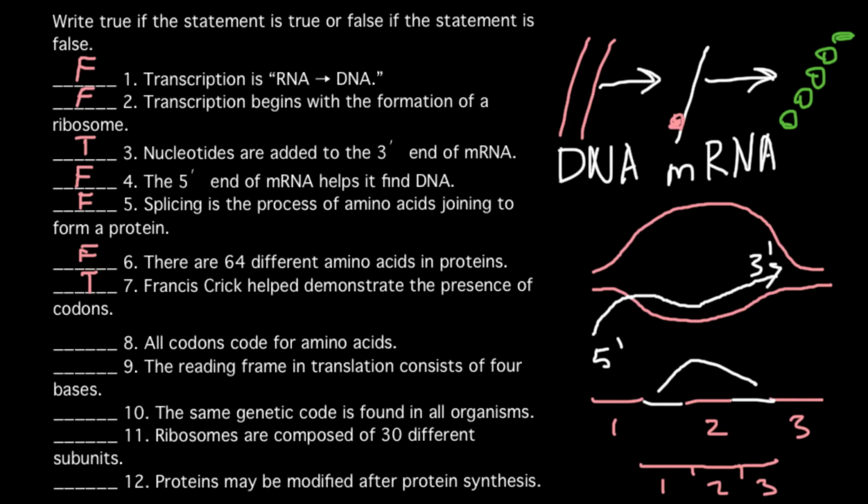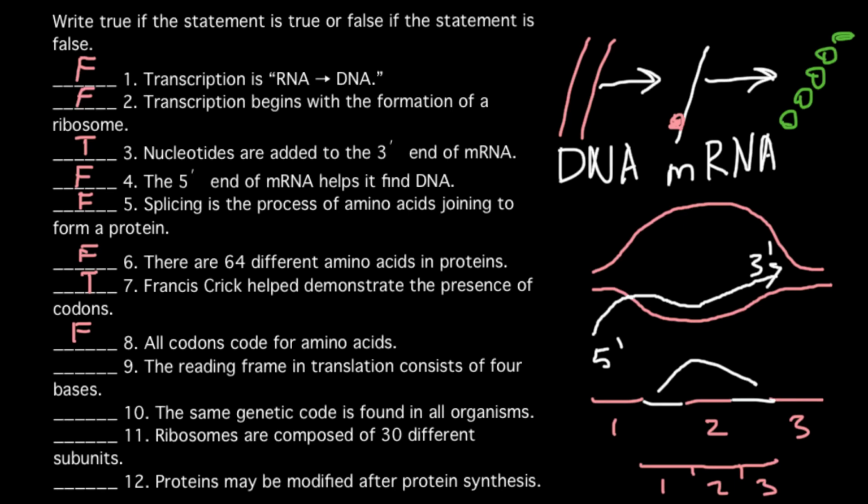Statement number 8, all codons code for amino acids, and this is a false statement because there are 64 codons and only 61 code for the amino acids, 3 code for the stop, and 1 code for the start, and also it codes for the amino acid methionine.